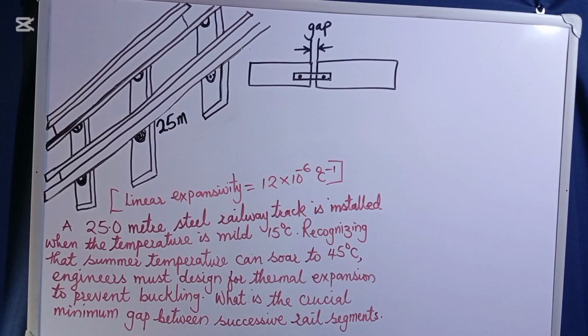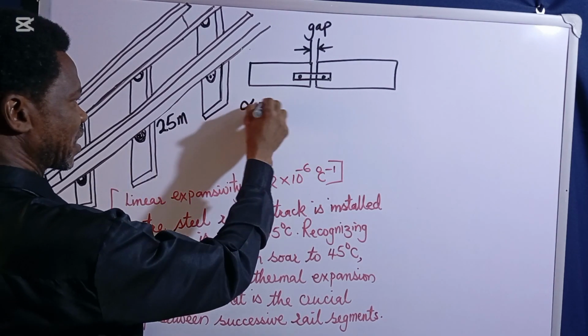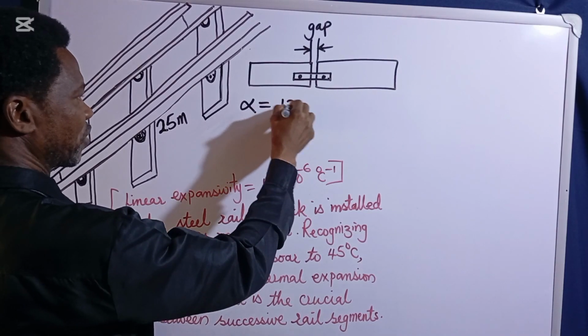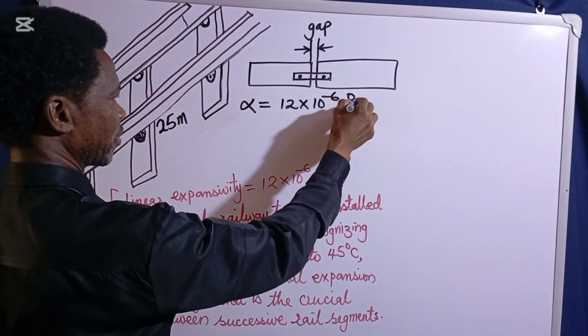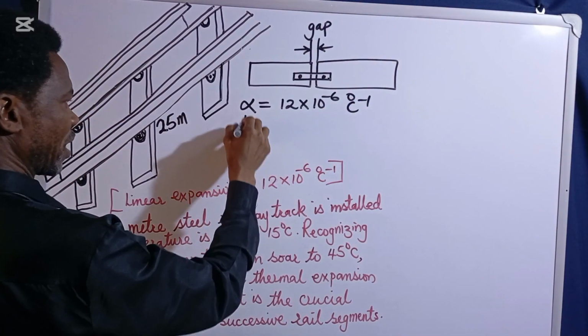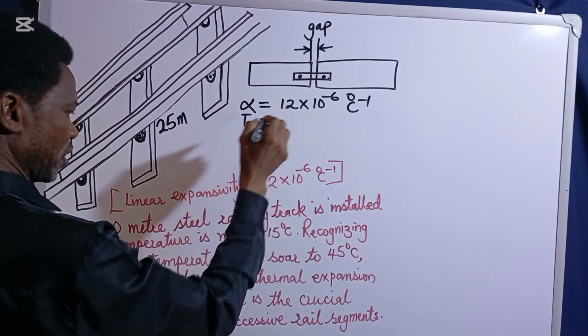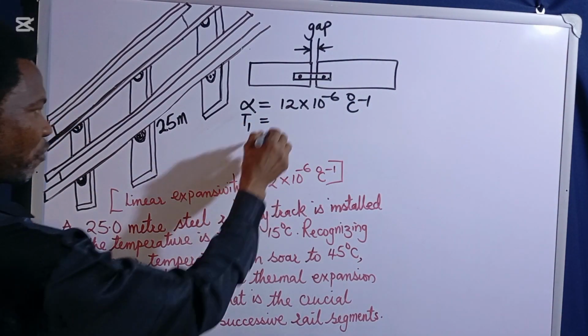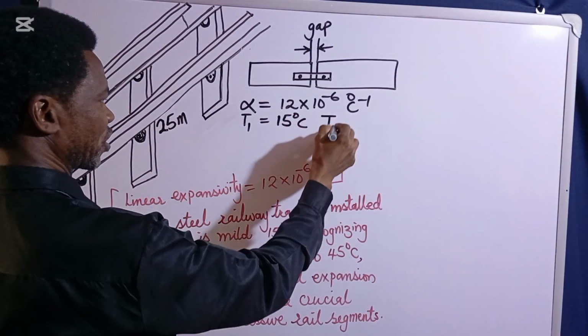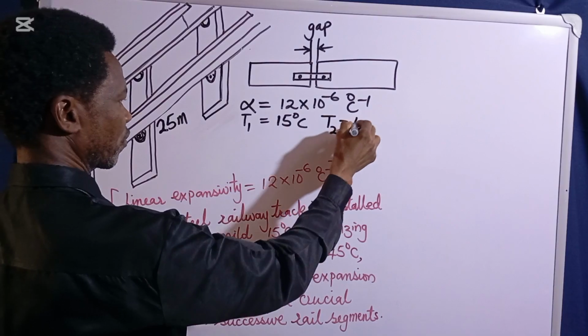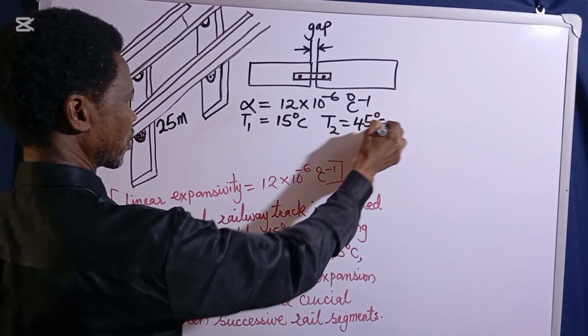So what we need to do, let's bring out the parameters that we have here. So we have the linear expansivity, which is 12 times 10 raised to the power negative 6 per degree Celsius. We have the initial temperature, which is 15 degrees Celsius. We have the final temperature, which is 45 degrees Celsius.